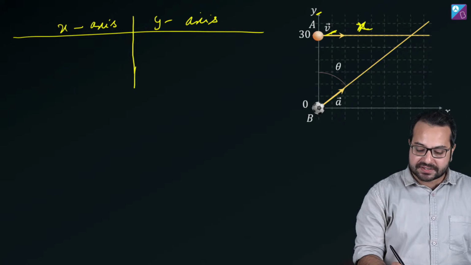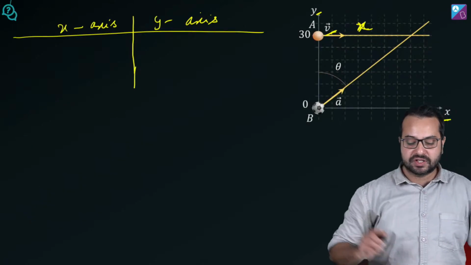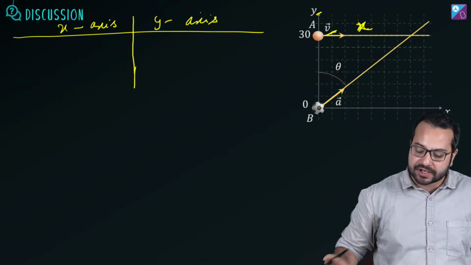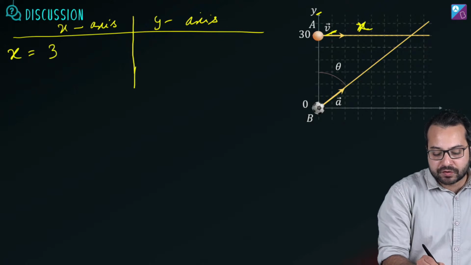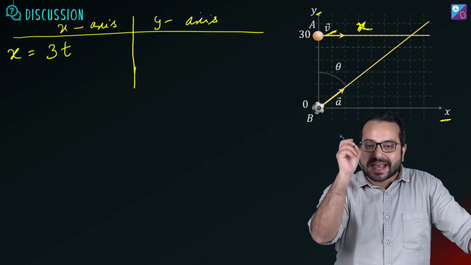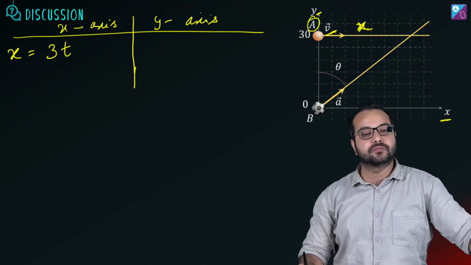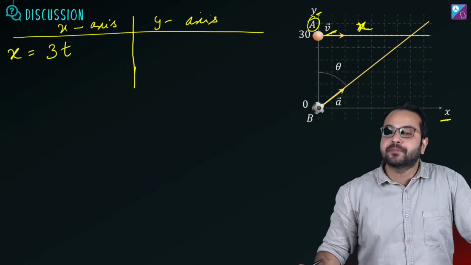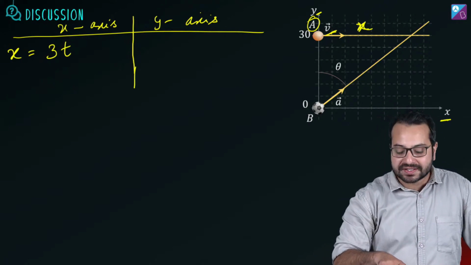Its velocity is 3 meter per second, and it is constant velocity. So can we say that x will be equal to 3 multiplied by t? So this is the x-axis motion for this particle A. Now I'm talking about the x-axis and y-axis motion for this ball.